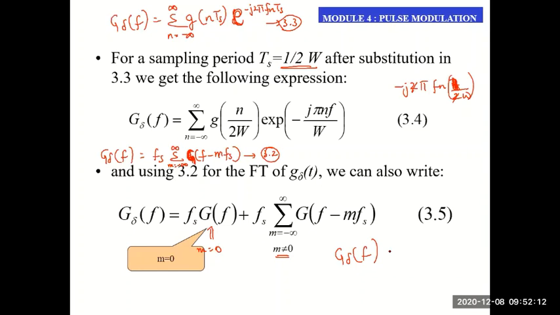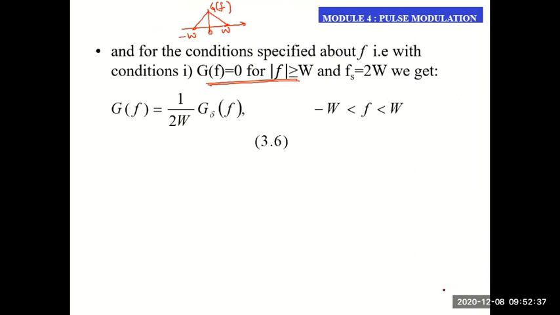G delta of F is equal to Fs into G of F. I am interested in finding G of F. G of F becomes G delta of F by Fs, and Fs we have considered as 2W, so G delta of F by 2W. That's the substitution we have written here. See here, G of F is G delta of F by 2W. This happens because we are using a strictly band limited signal. So this is one condition.